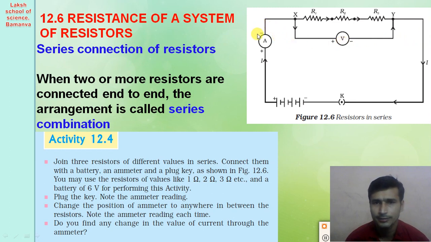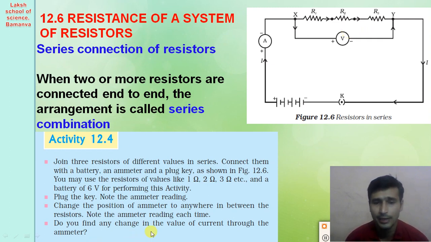We may connect the ammeter between any of the resistors, between R1 and R2, between R2 and R3, before R1, or after R3, and note down the ammeter reading each time.